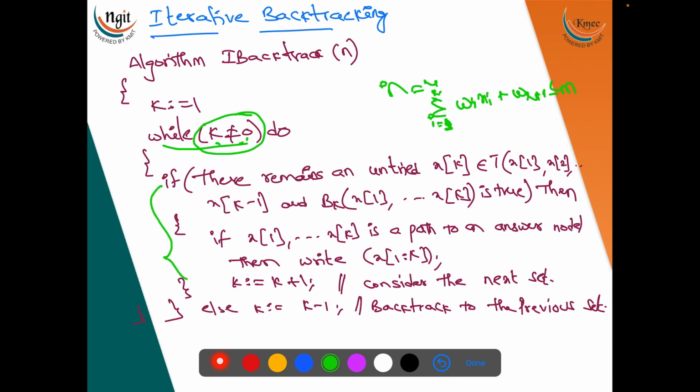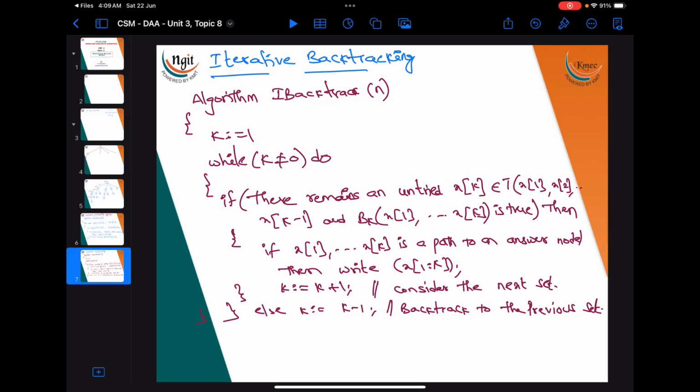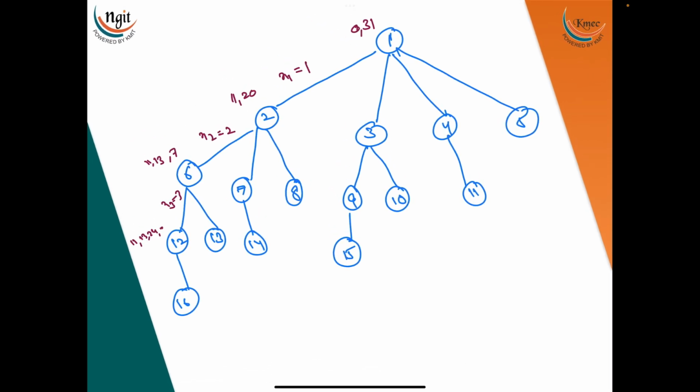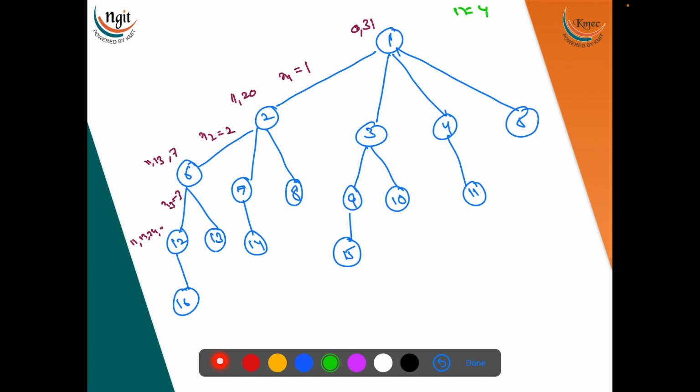So what is this loop? This loop will include each object into the solution. Now we'll trace this. So in the sum of subsets, I have taken 4 objects, right? So n is equal to 4, and those items' weights are 11, 13, 24, 7.